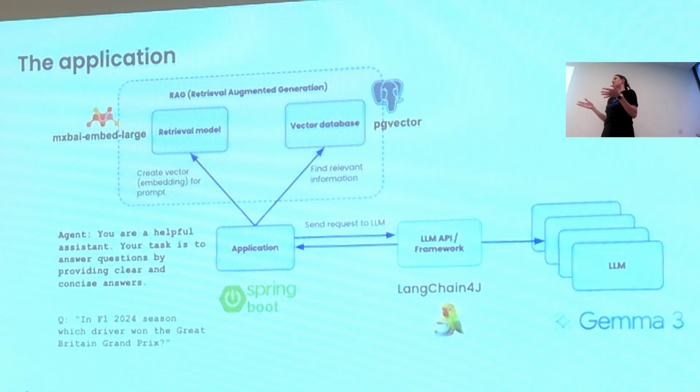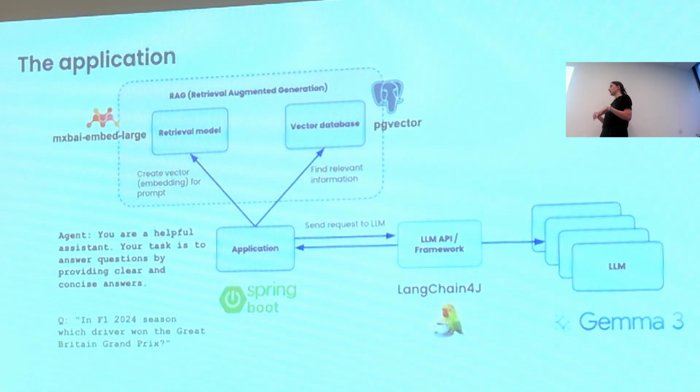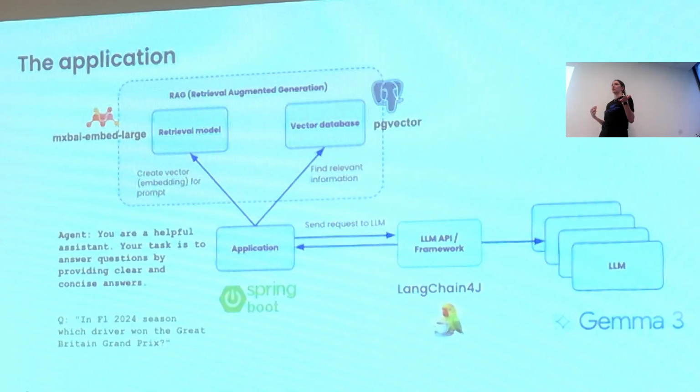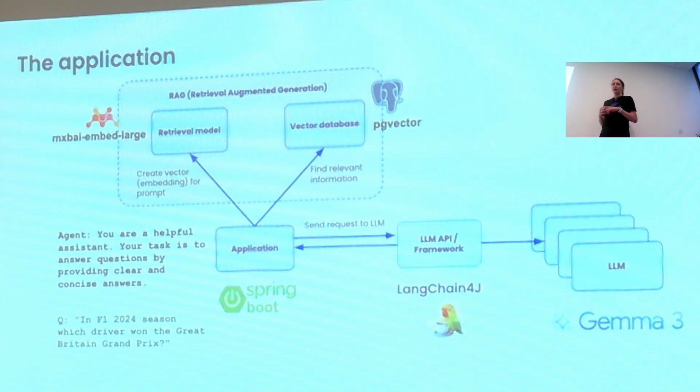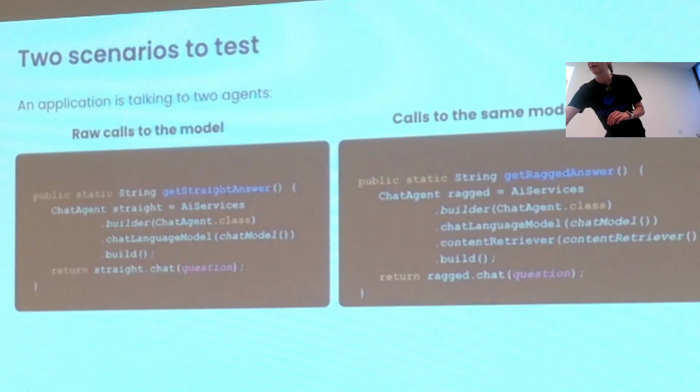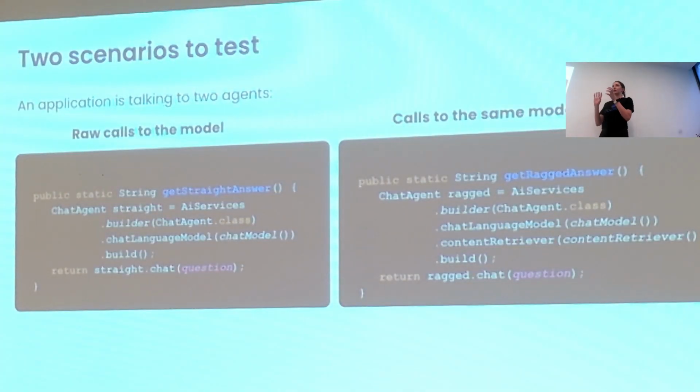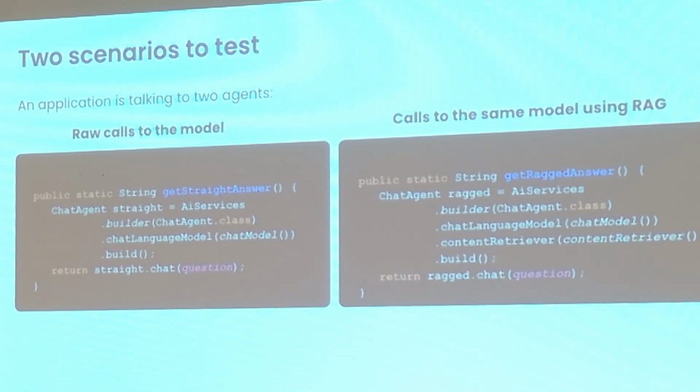And I have the default question that I asked during the tests: in the Formula One season 2024, who won the Great Britain GP? Okay, there will be two scenarios. First is to get the straight answer from the model, and the second scenario is to get the RAG answer.